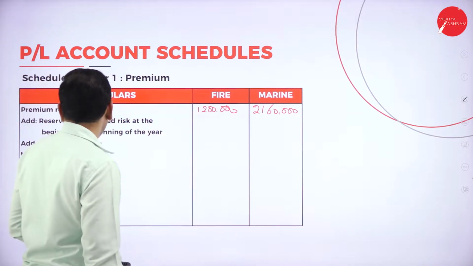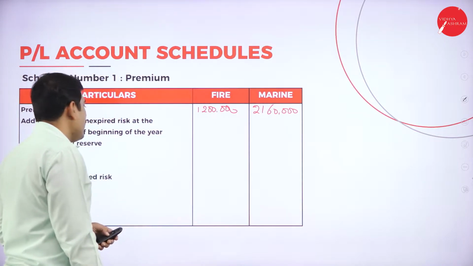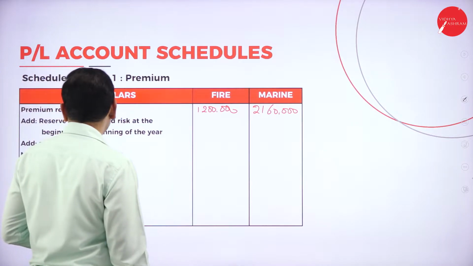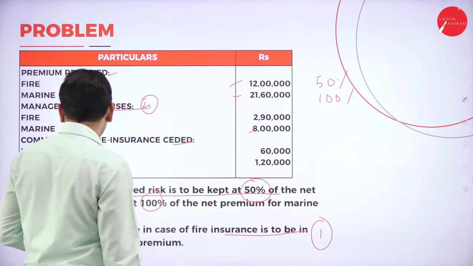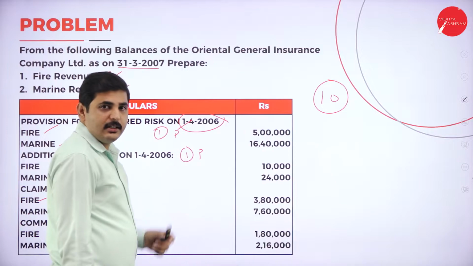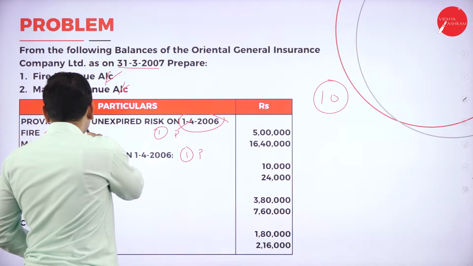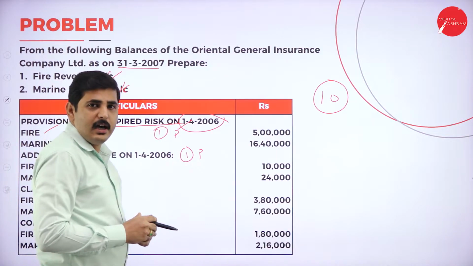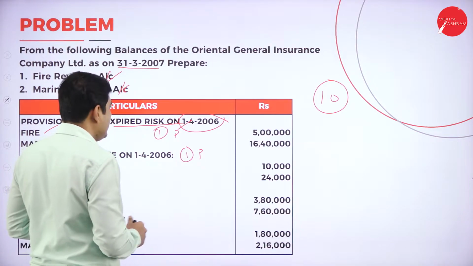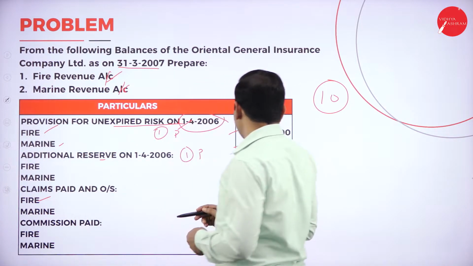Next one, reserve for unexpired risk at the beginning of the year. What is the reserve here? He has given the reserve for unexpired risk at the beginning of the year as 5 lakh and 16 lakh 40,000.